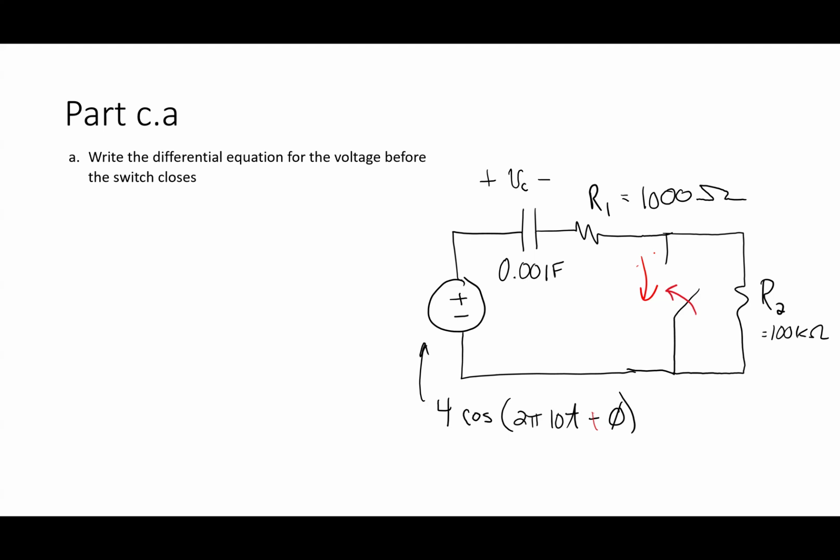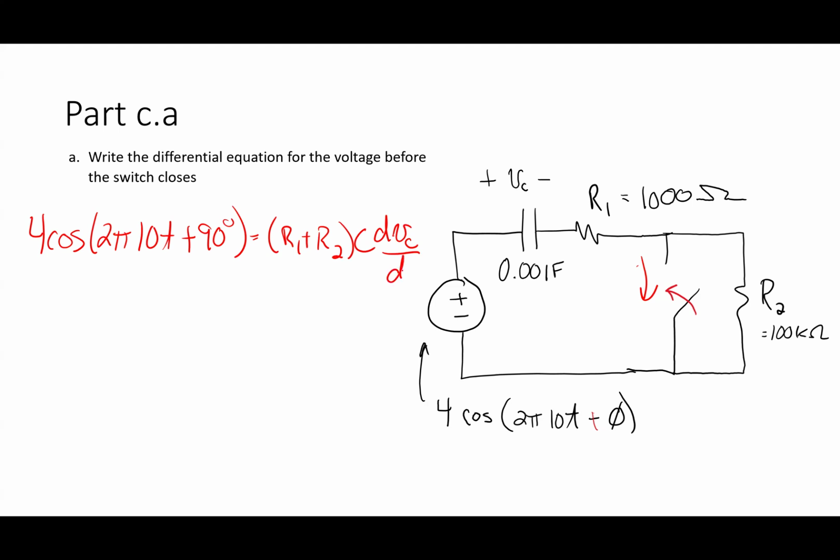If I have 2 resistors in series, how can I rewrite that? One plus the other. So it becomes 4 cosine 2 pi 10t plus 90 degrees equals R1 plus R2 times C dV_C/dt plus V_C. Just that. Pretty simple.